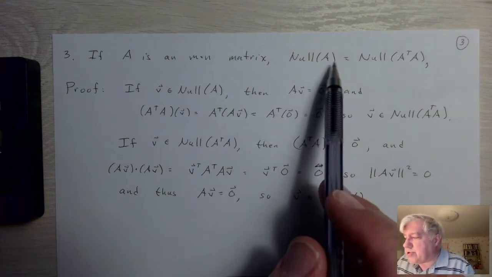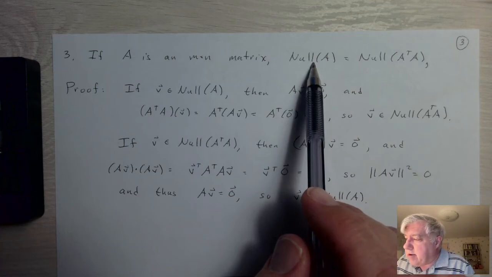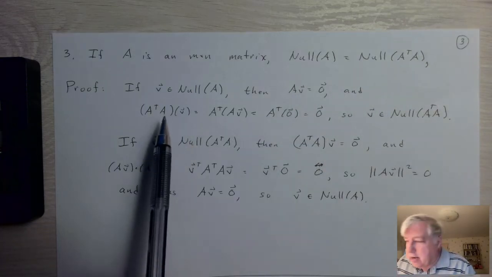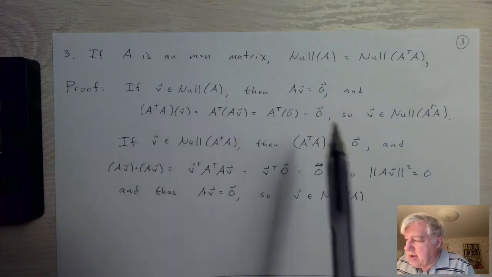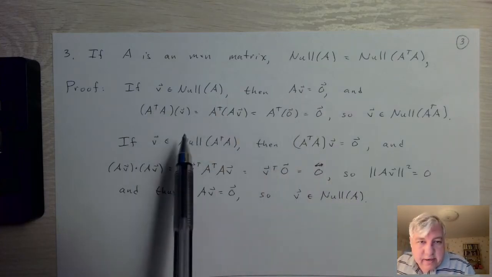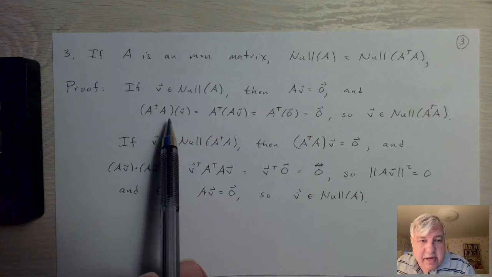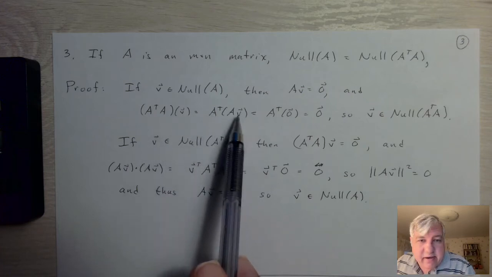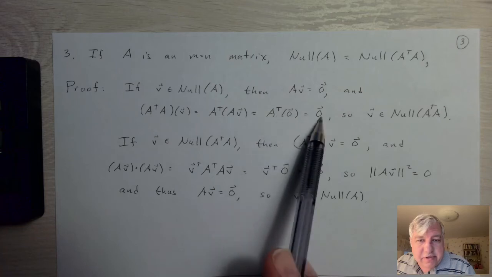To show this, we need to show that everything in here is in the null space of A transpose A. Well, that's true because if V is in the null space of A, then AV equals 0, and then A transpose AV is A transpose times AV, and AV is 0, so this is 0.